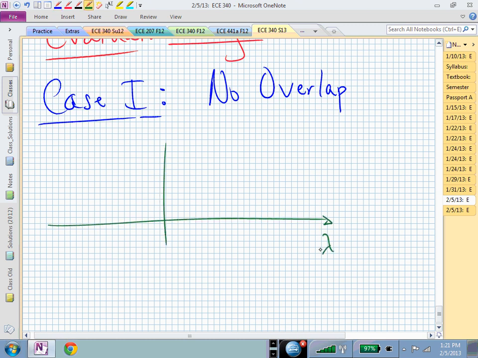Here's my axes, and I have f sub 1 of lambda. So here it is, f sub 1 of lambda, which was e to the minus 2 lambda.